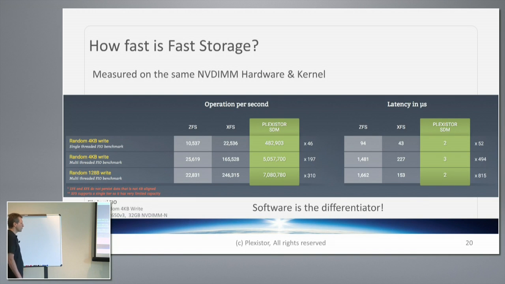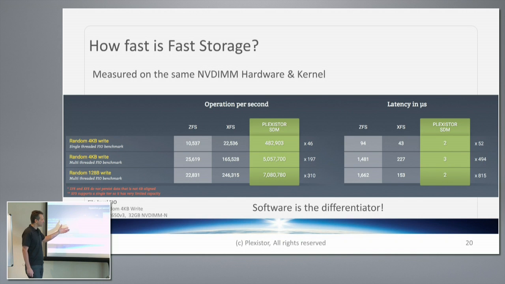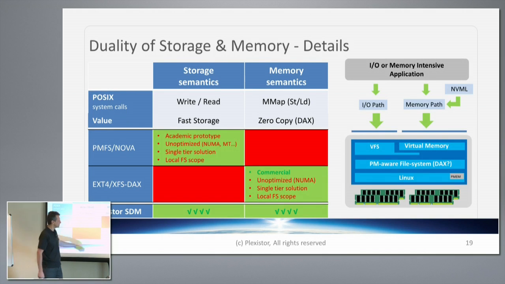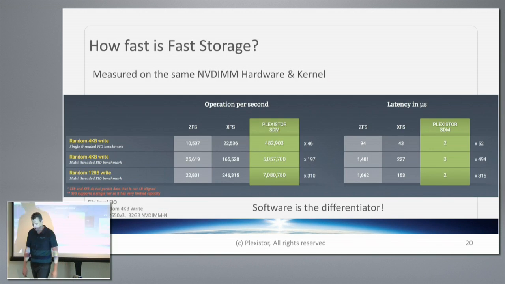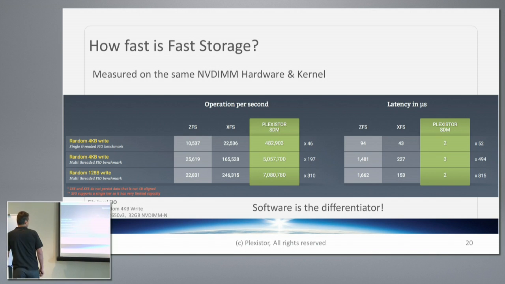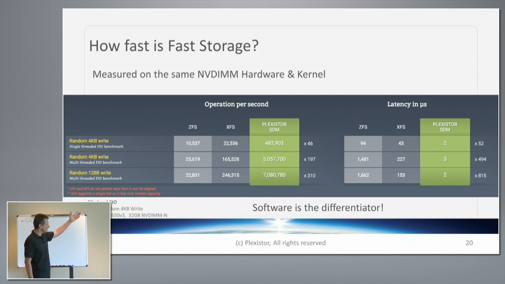So here are the numbers that we promised several times during this talk. The objective is basically to see how fast this is. This benchmark is only for the I/O path. It's built on the FIO benchmark, and what it focuses on is comparing ZFS, XFS, and our file system doing 100% random 4 kilobyte writes.